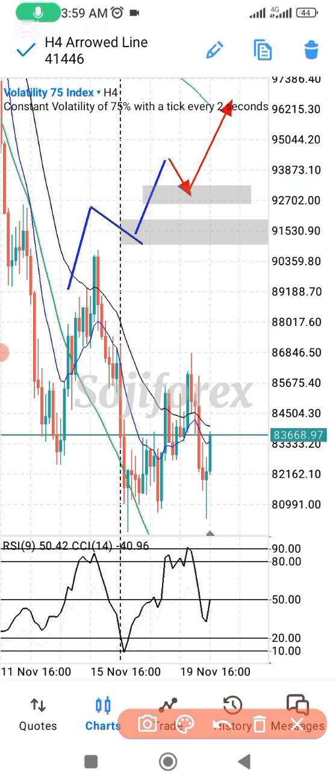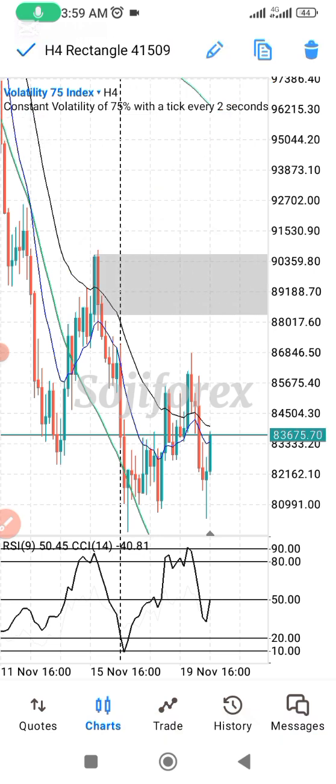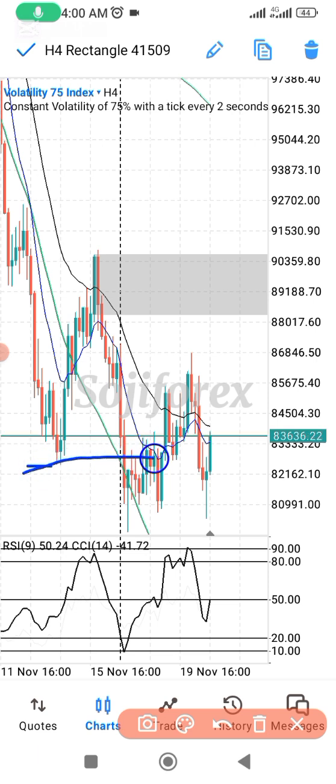So let's continue. Here is our order block. That is one of our order blocks. Now what validates this particular order block is because this order block here took away this liquidity here. This price came down and took away this liquidity.